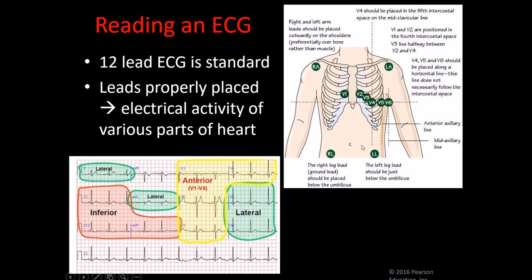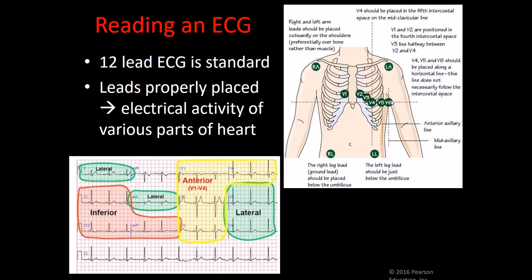You can see all of the different ones here, right? So on the shoulders, on the abdomen, and then across the various parts of the chest. All of these leads are looking at a different part of the heart.